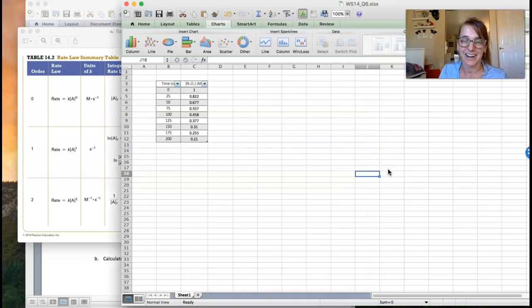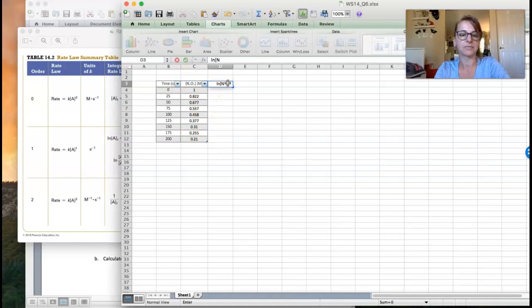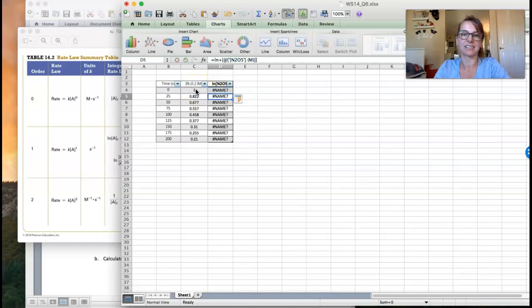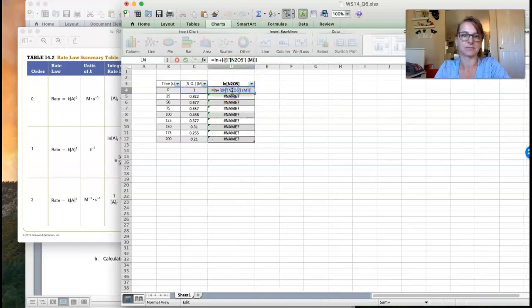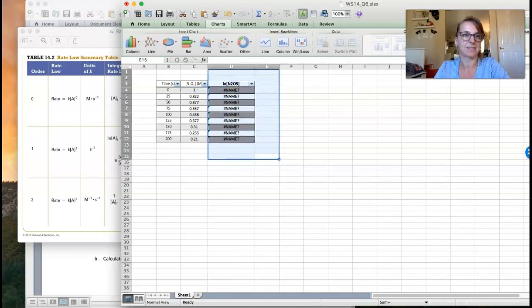So let's go ahead and get our Excel. I already typed in the data that was provided within the problem itself. I'm going to say equals natural log, and it is not liking me today.